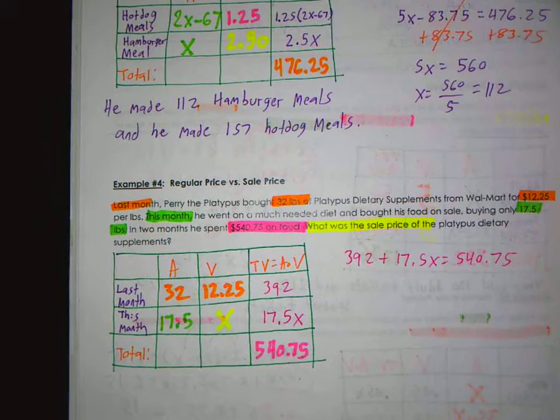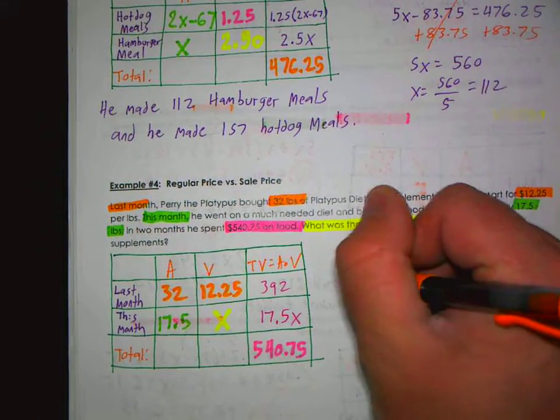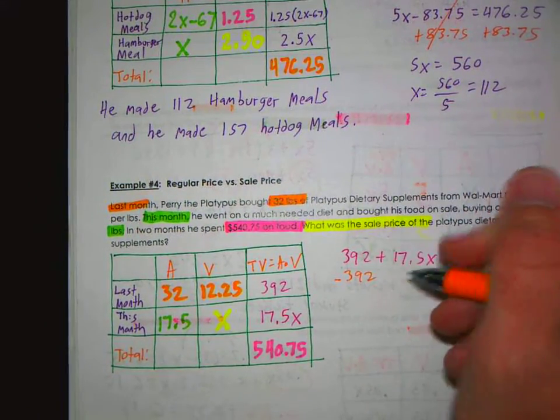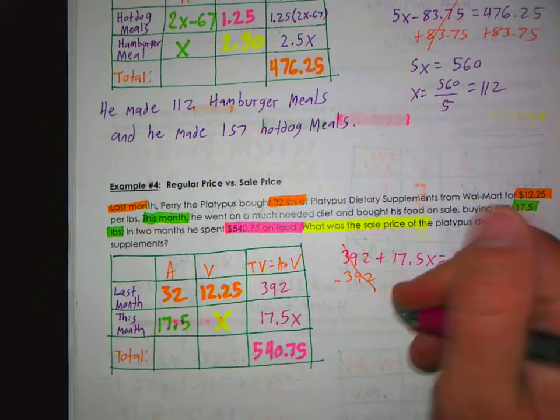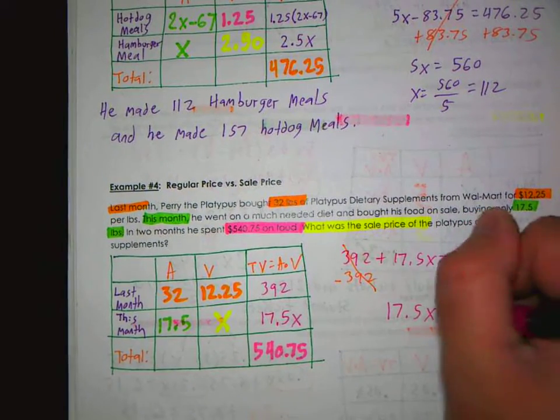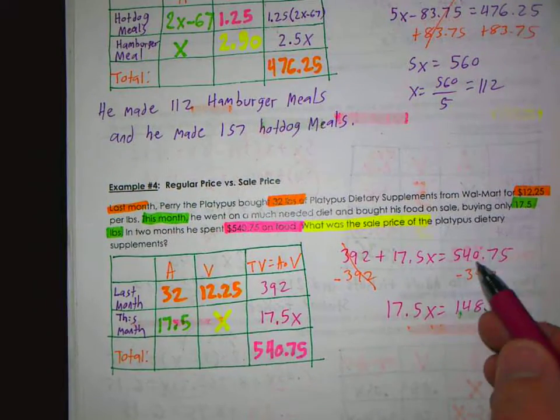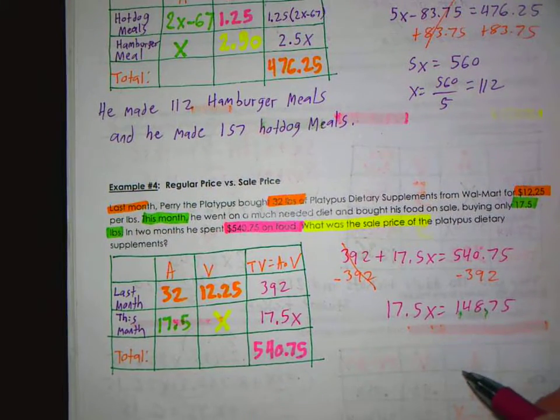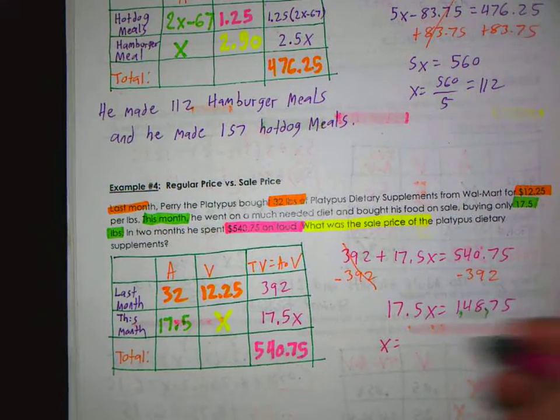This is actually a lot easier problem than the others. Subtract off 392. Trying to isolate the 17.5x. $540 minus 392 is 148 and the change. Divide by 17.5.